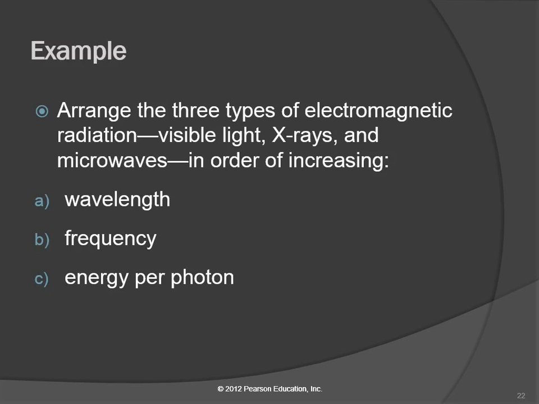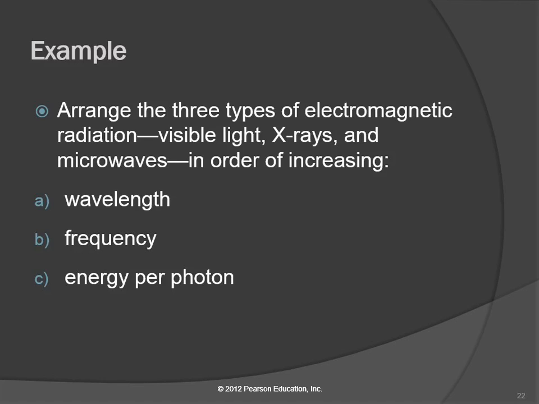Arrange the three types of electromagnetic radiation, just giving you three of them: visible light, X-rays, and microwaves, in order of increasing wavelength, increasing frequency, increasing energy per photon. Now, some of these A, B, and C might be easier to answer than others. I think the energy one is easiest to answer.